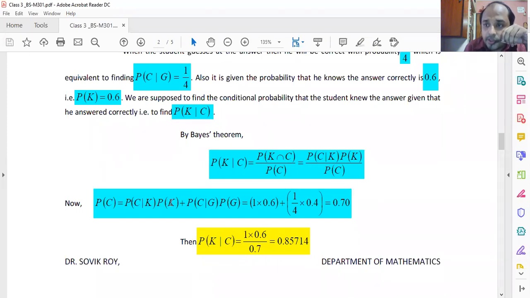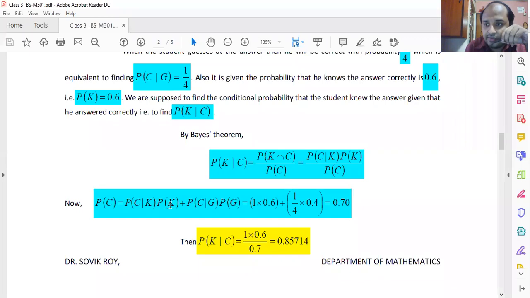The probability that the student knew the answer, as given in the problem, is 0.6, so I have written 0.6 here. The probability that the answer is correct given that the student guesses is given to be 1/4 in the problem. And for the probability that he guessed the answer: either the student knew the answer or he guessed it, so these two events, K and G, are complementary to one another.